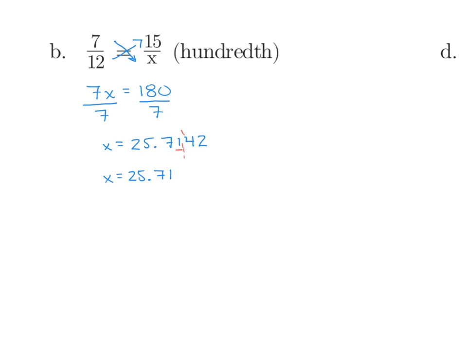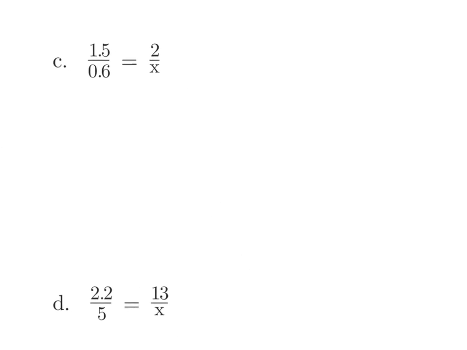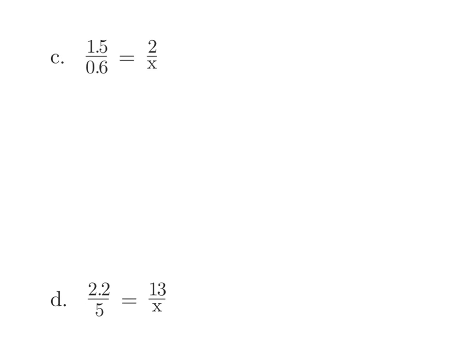Okay, let's look at a couple other examples. We have decimals, and again, we can go ahead and work with decimals. We can do the exact same thing. So we're going to start by cross multiplying.